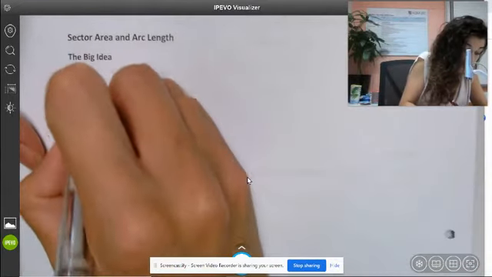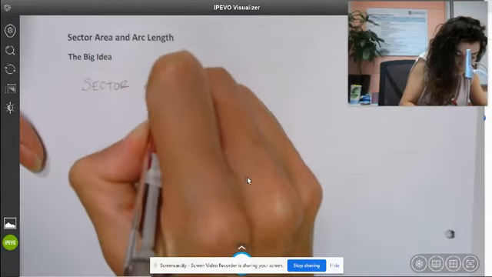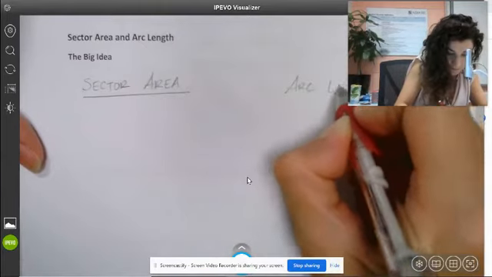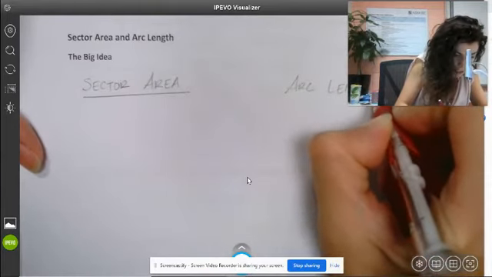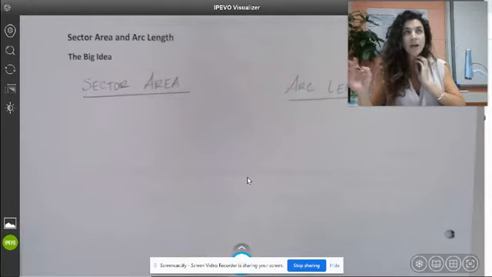So we've got this idea of sector area and arc length. And really the big idea with both of these is that we're talking about a fraction of a circle.